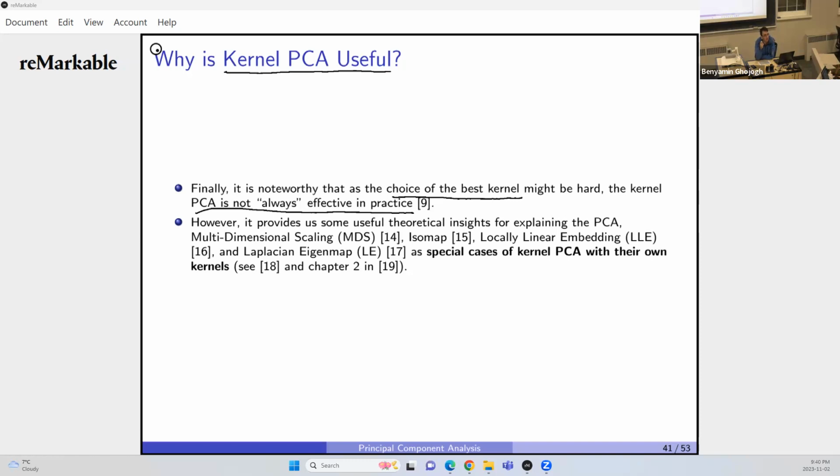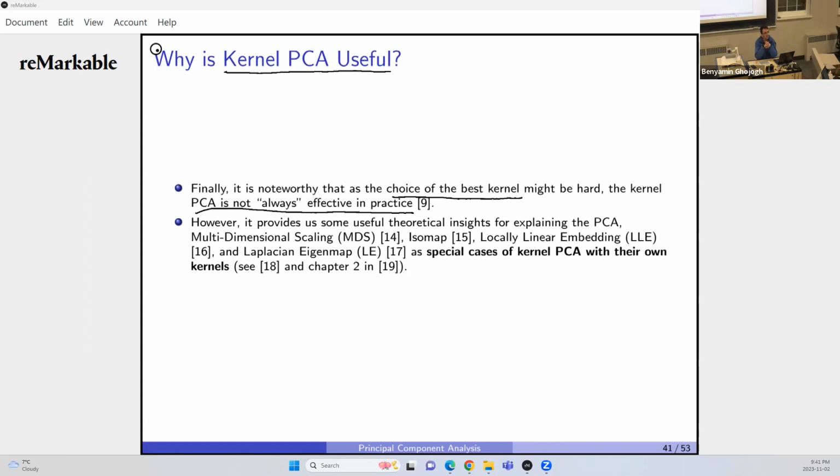So why is it useful? It's because of some papers, which I have explained in my tutorial papers. Feel free to read them, also in my book, Elements of Dimensionality Reduction and Manifold Learning. Many of the spectral dimensionality reduction algorithms are special cases of kernel PCA.